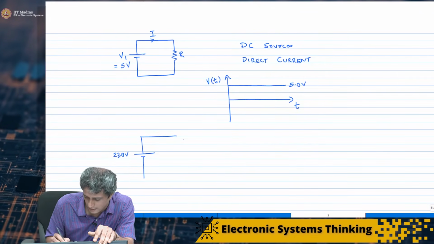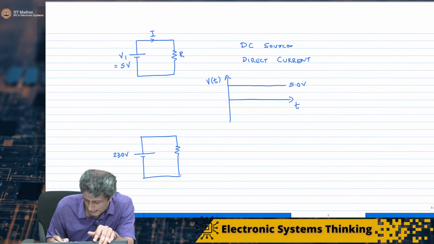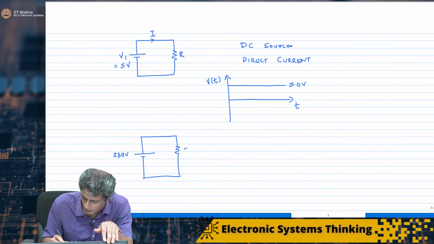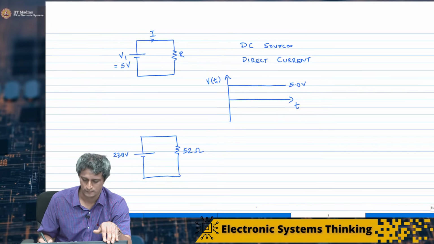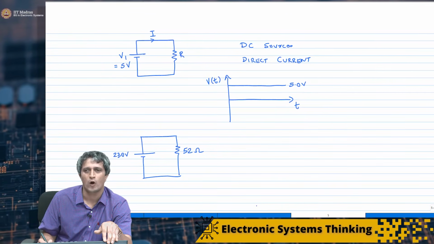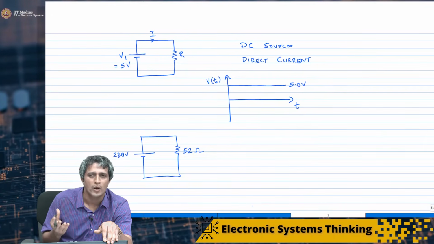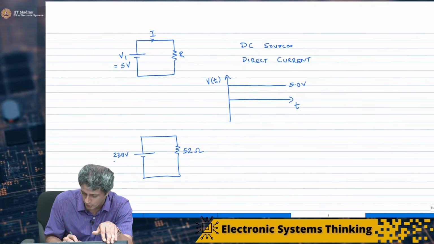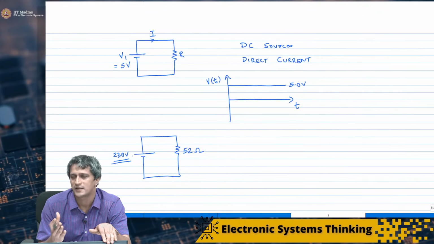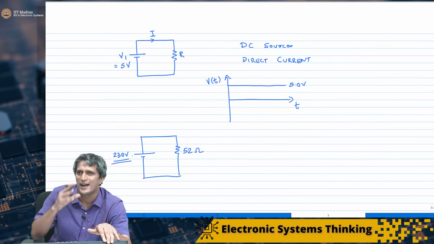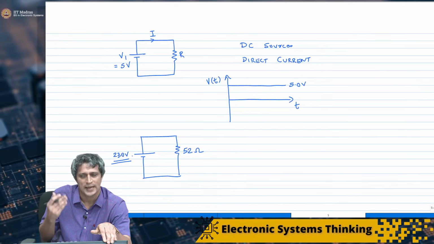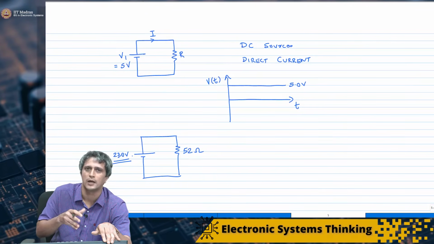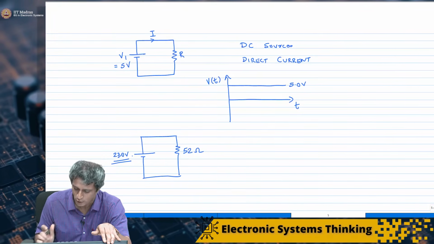And the resistor that we measured, when we measured the resistance of that heater, we got about 52 ohms. And therefore what we wanted to know was how much power is being delivered by the source. I have to mention here that this 230 volt is not a DC source, it's an effective DC value that we can use for now. Later we will explain what that alternating current source is and how we can derive this equivalent DC number. So let's not get into that for now.